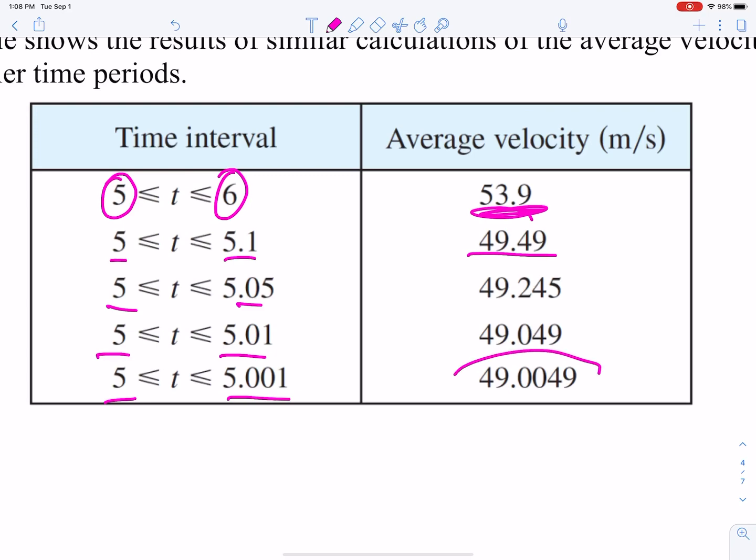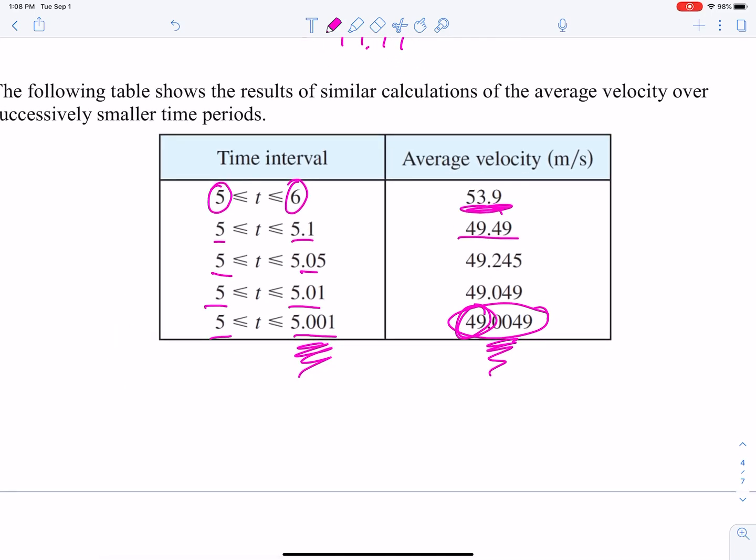And we can see by the pattern here, our average velocity is getting really close to 49 meters per second. Because again, we can see the pattern. If we have 100 zeros here, we're going to have 100 zeros here as well. So as we shrink that time interval, as we bring the second time infinitely close to the first time, we're going to get a very good approximation to our average velocity.